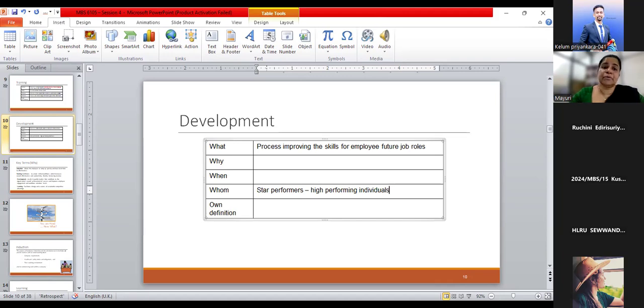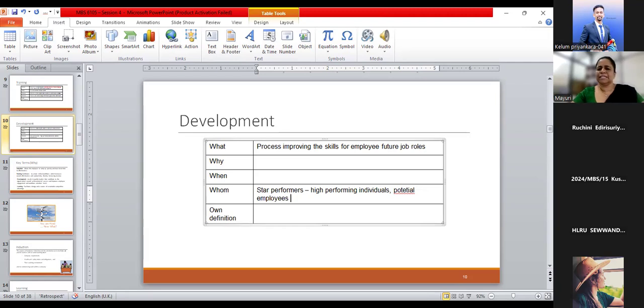Excellent employees. High potential, yes. Only potential is enough. Potential employees. Not everyone. We only develop the potential employees.